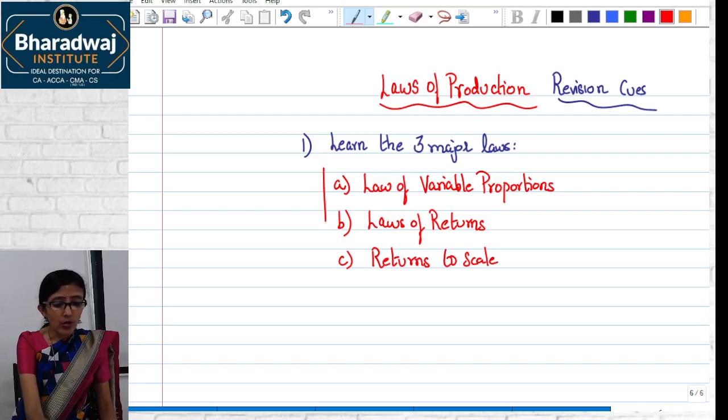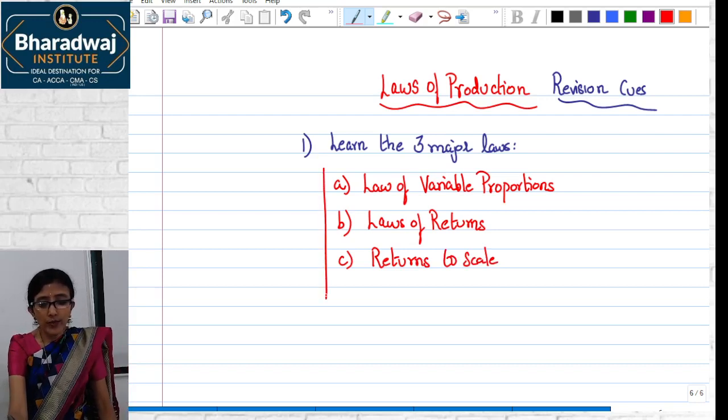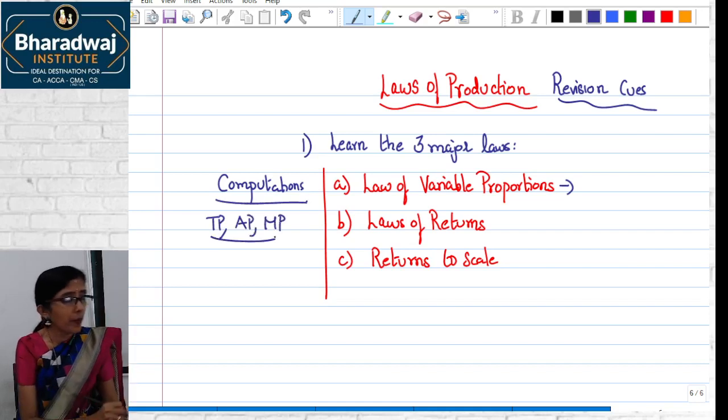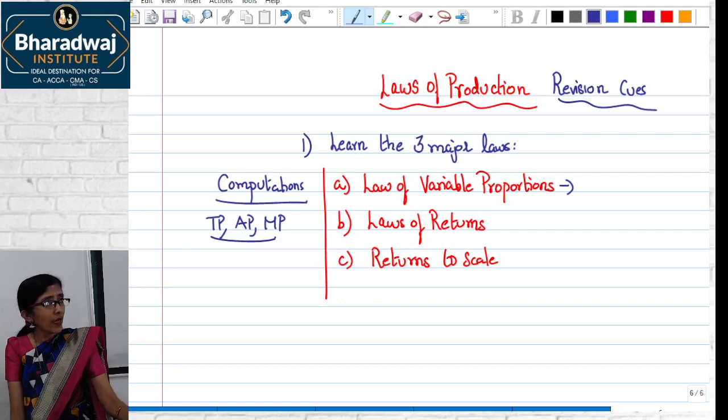So, what is it that you have to know here? Have in mind one topic for computation. Computations. Here it will be TP, AP and MP, what you saw as TR, AR and MR or TC, AC and MC.